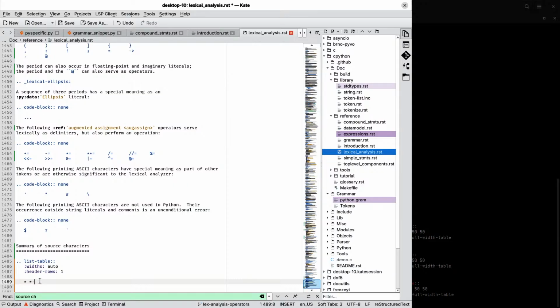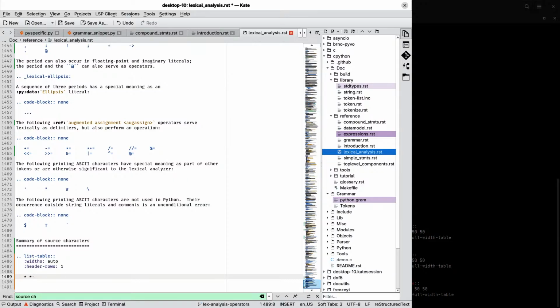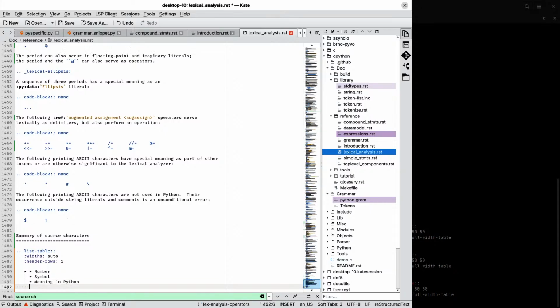Okay. So in this list table we would have the code point number, and the meaning or use, right?